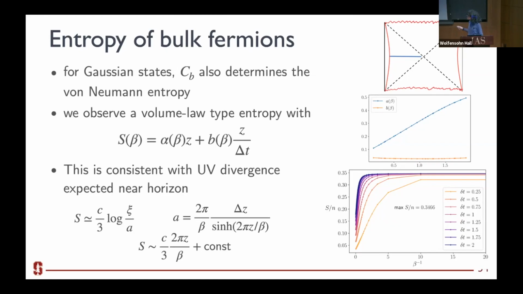Notice that there is a term that diverges in the small delta t limit, but it diverges in a way that agrees with known results for CFTs. So there's some constant coefficient for this UV divergent term that we're able to extract, as well as this beta dependent term that controls the entropy density.